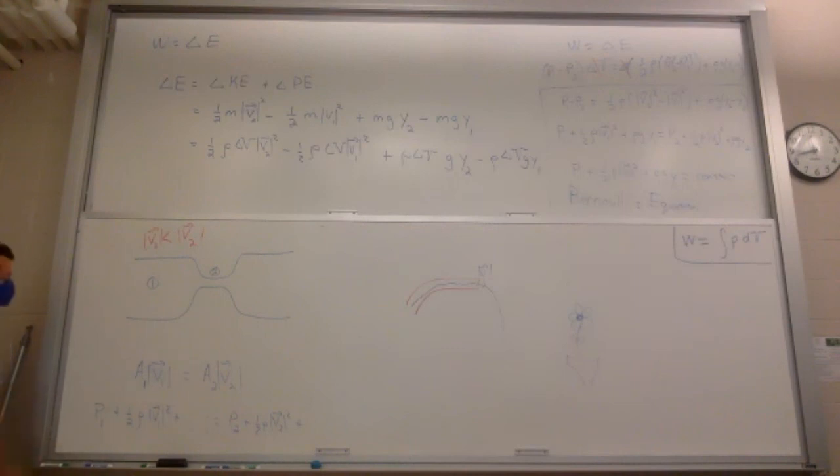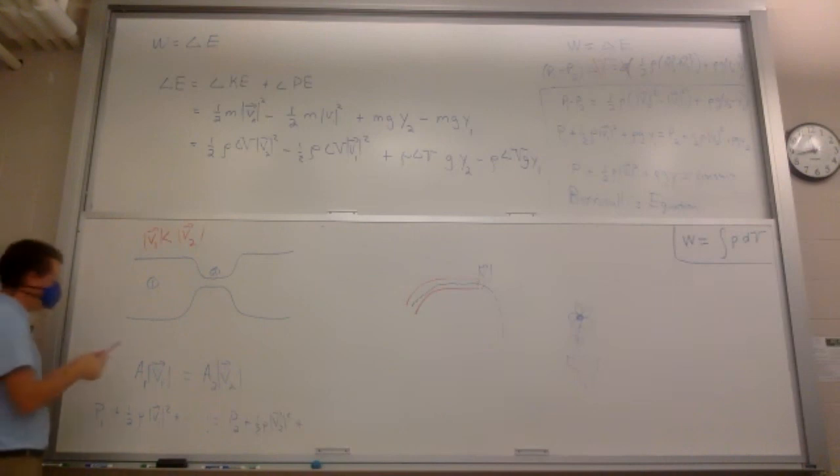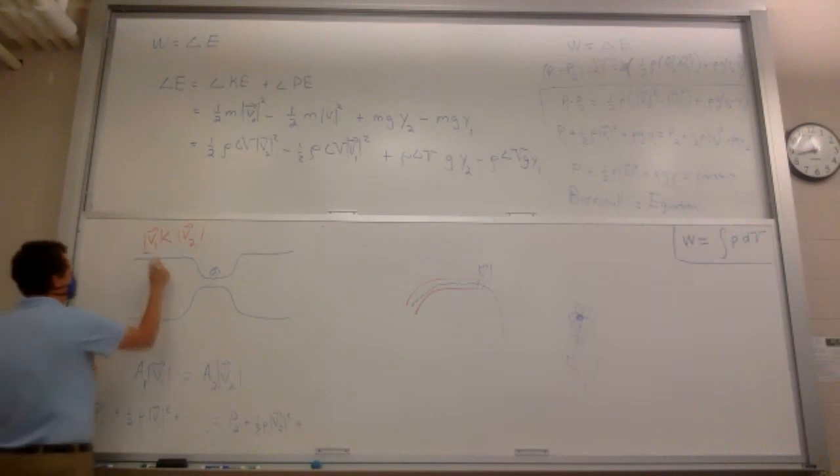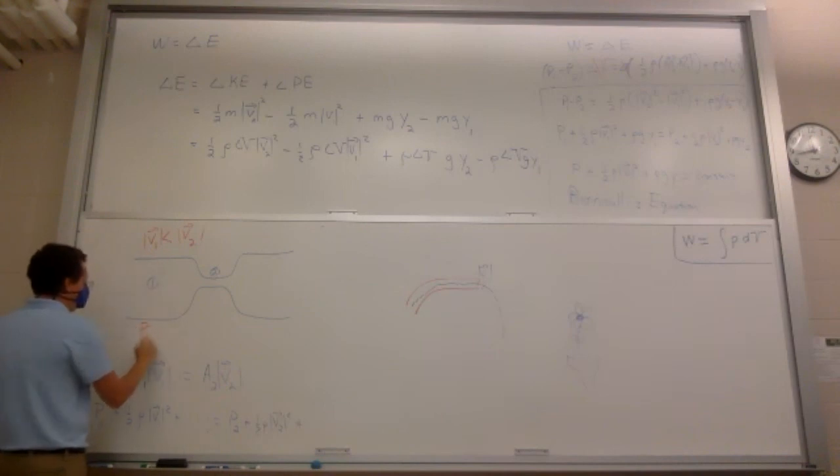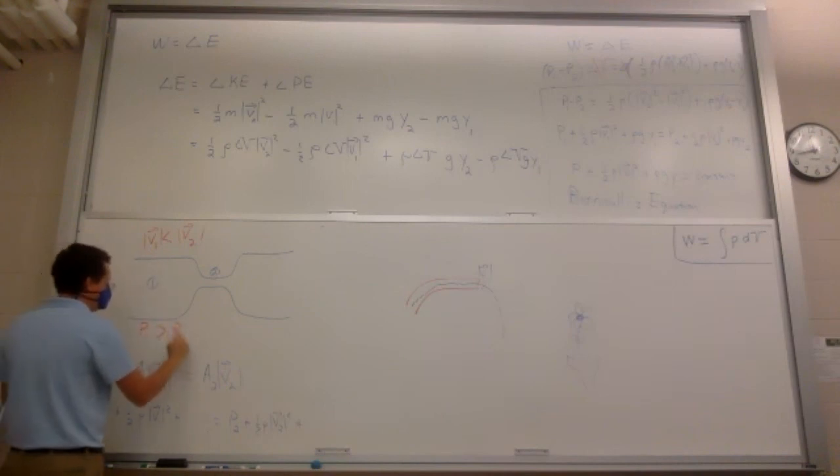P1 has to be higher. So pressure at 1 is greater than pressure at 2. There's a pressure drop. When the air flows faster, the pressure shrinks. That's maybe a little bit counterintuitive.